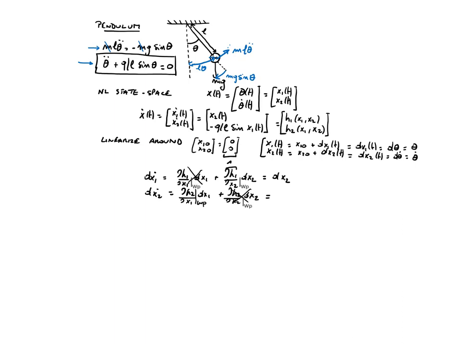So this one here, we take the partial derivative with respect to x1, so that will be minus g over L cosine evaluated in x1 0, so 0 times dx1, of course, so that's minus g over L dx1, right?